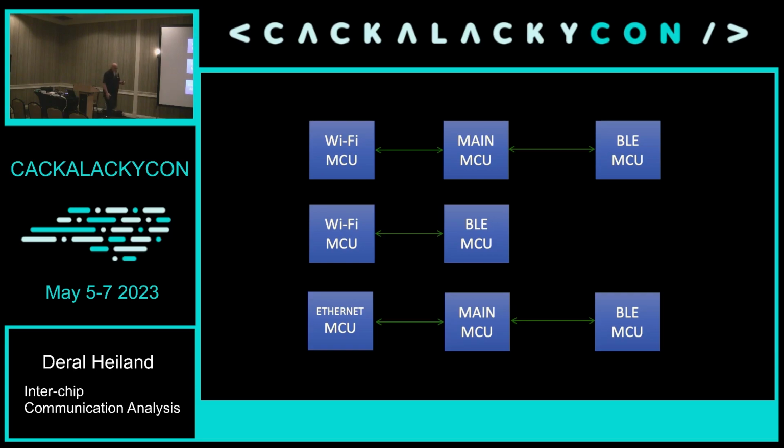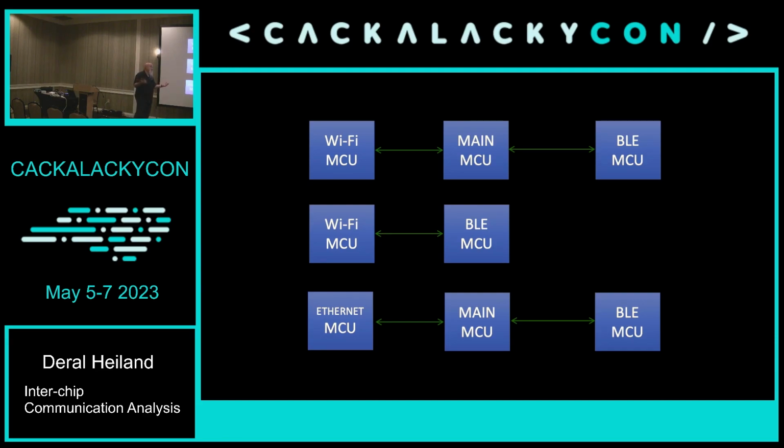So how does this typically work, or what are the environments we see this in? In this case we're talking BLE, and we have Wi-Fi, and we may have a main CPU. So you could have multiple CPUs on a board, and all of these are communicating together. You may have one that's just BLE and Wi-Fi, and then you may have one that actually goes into Ethernet from the BLE also. So you have multiple environments that you can encounter.